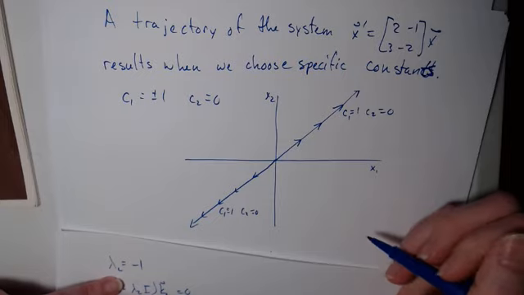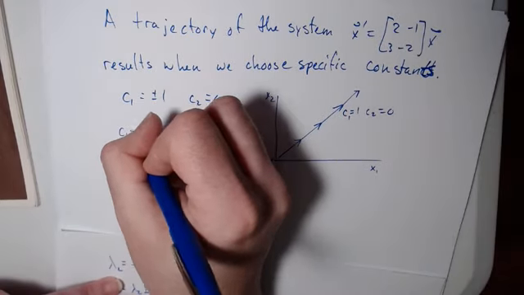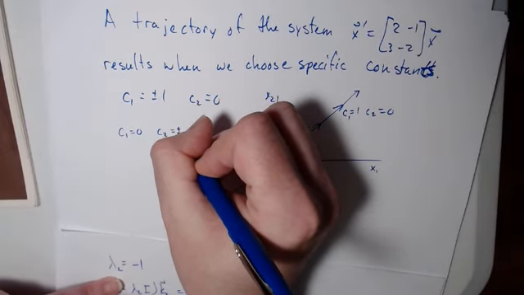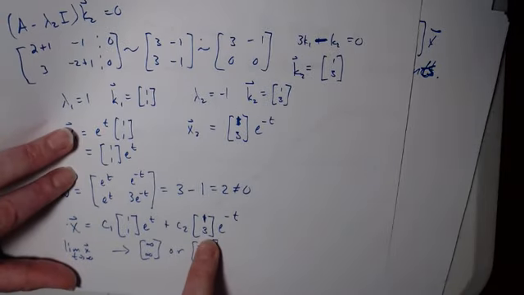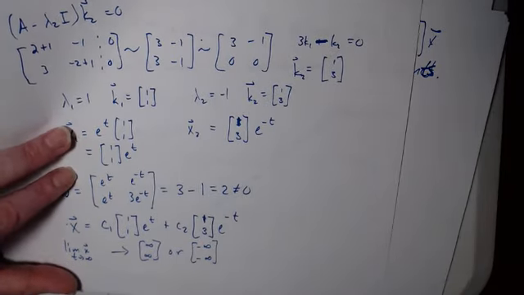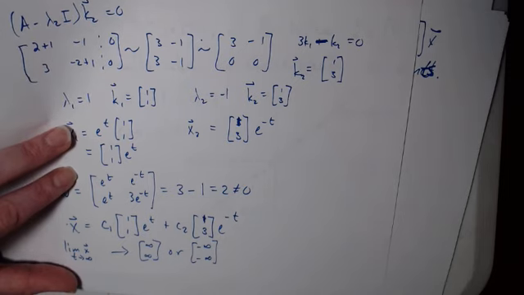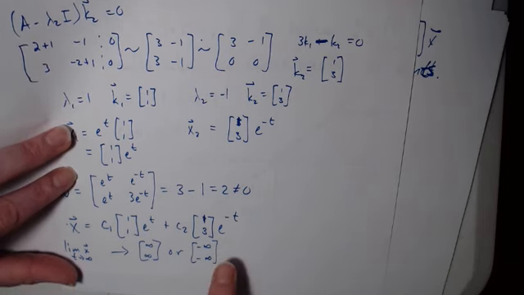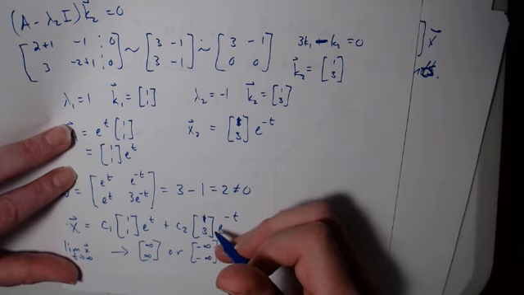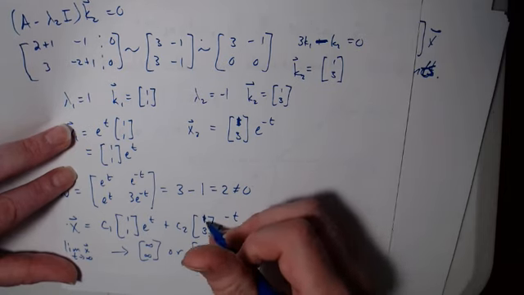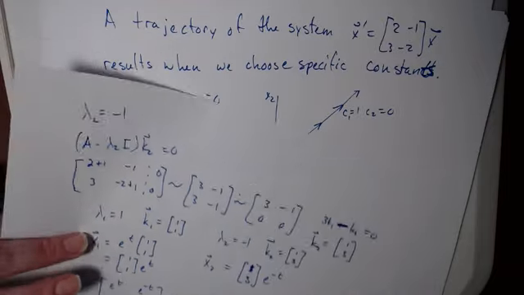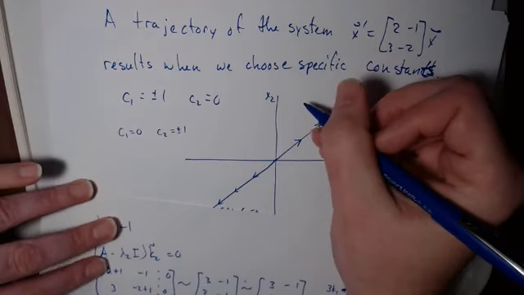If instead we looked at C1 was 0, but C2 was plus or minus 1, well, C2 is on the line, let's see, how would we say that? x1 moves over 1, and x2 moves up 3.